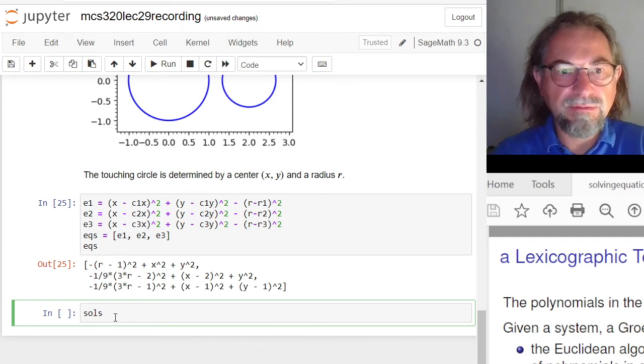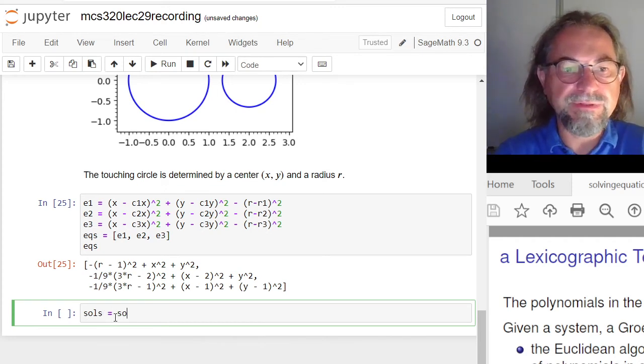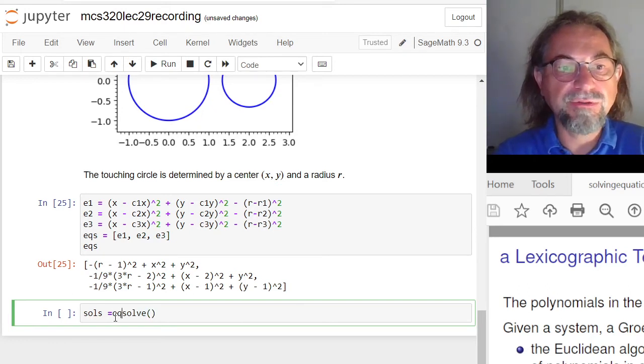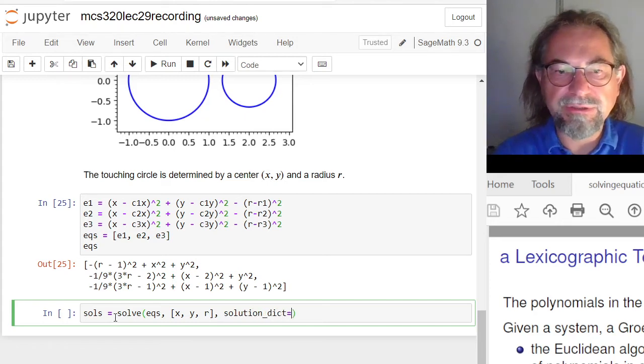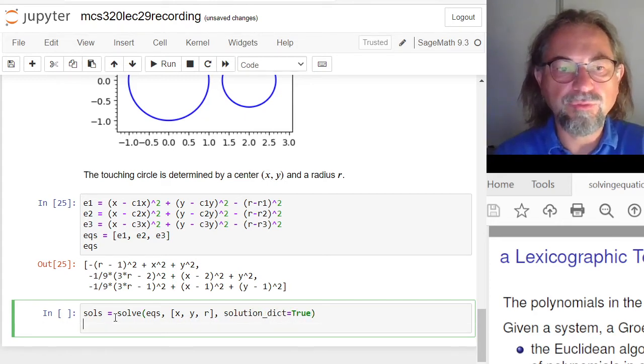We will solve the system, and we will also show that this is indeed a solution. We will validate the solutions. So I will solve the equations for x, y, and r, and I want the solution dictionary set to true.